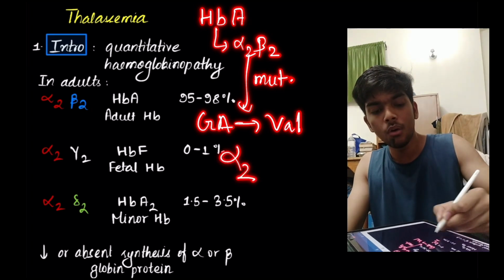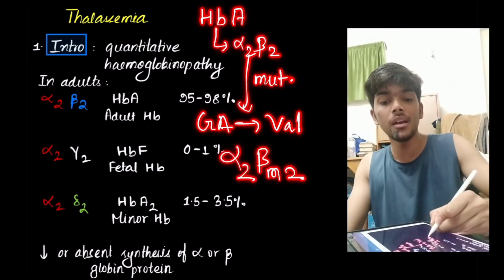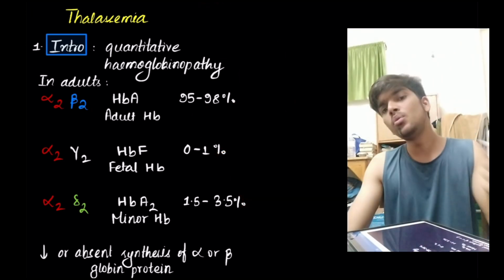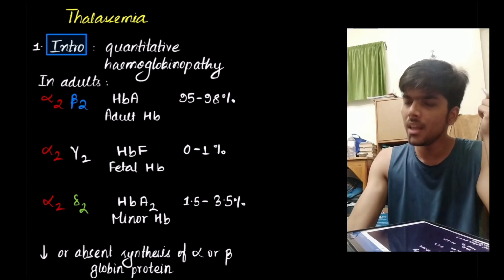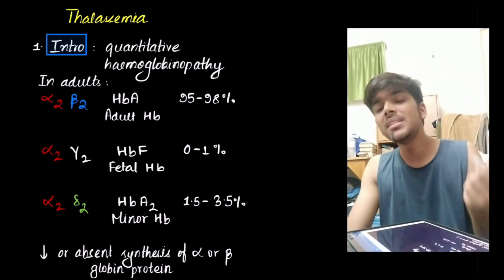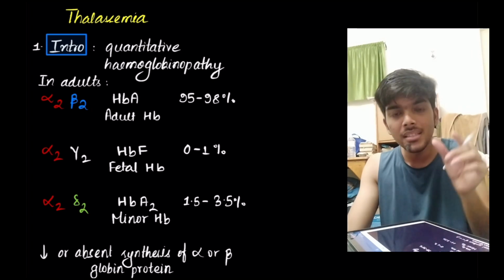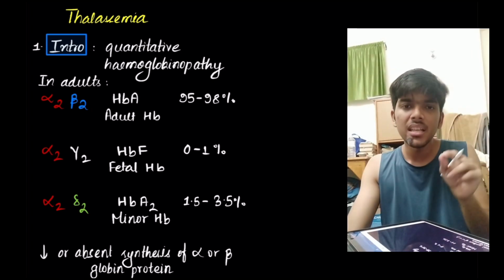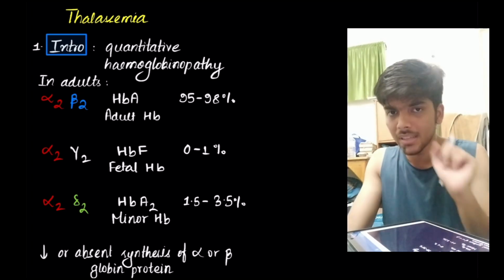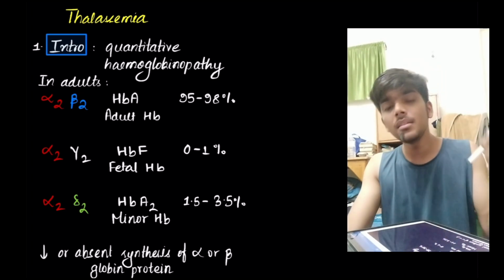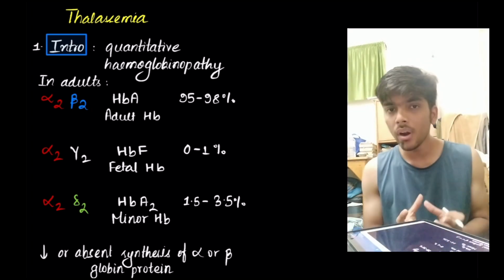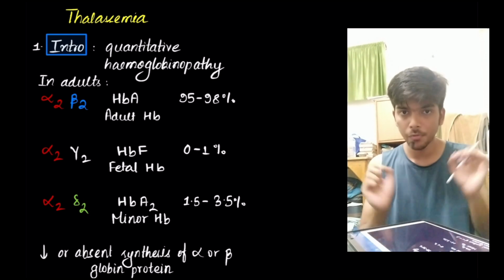As a result, now you have alpha 2 beta mutated 2, and this is HbS or sickle cell hemoglobin. Due to the presence of sickle cell hemoglobin in the RBC, in deoxygenated condition, the RBC gets deformed into a sickle cell. And this sickle cell is highly sticky and brings about occlusion in small blood vessels. And since sickle cells are not recognized by the body, they also get destroyed in the reticuloendothelial system of your body.